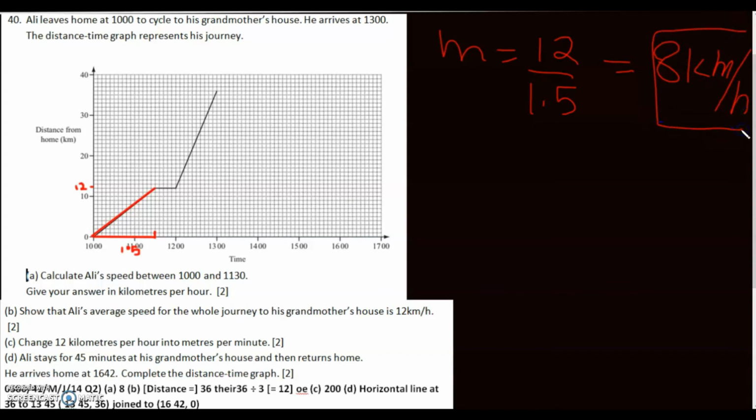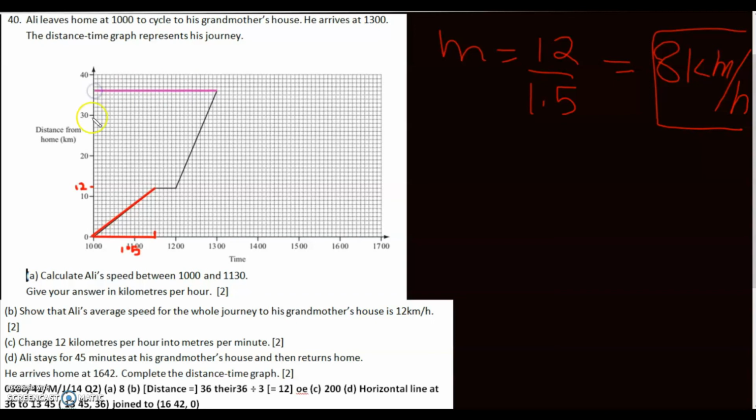Part B. Show that Ali's average speed for the whole journey to his grandmother's house is 12 kilometers per hour. The average speed is total distance upon total time. So the total distance is this much, and what is this value?